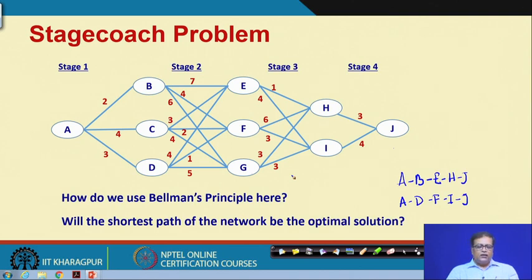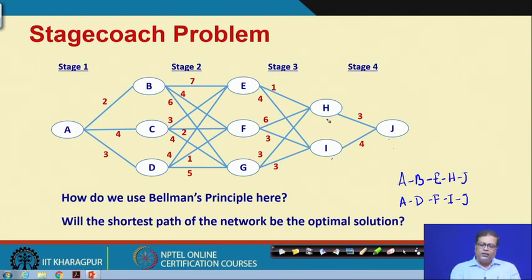So, you see, supposing we start our journey from G itself, then what is the optimal path from I to J? You can see very clearly the optimal path from I to J is 4 only, because there is no other path. Obviously, you can go from I to E, go back and then come to H and then J, but then those paths will be much longer.